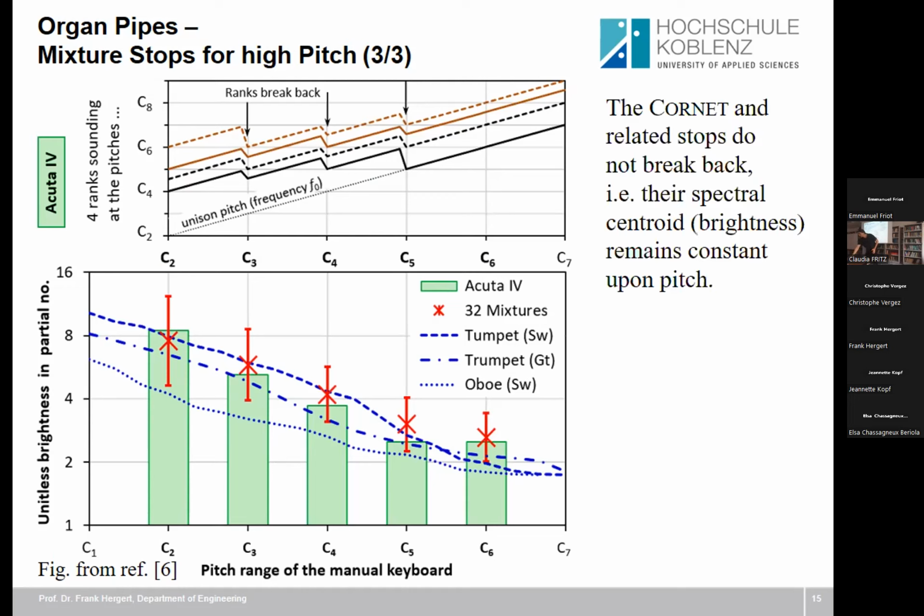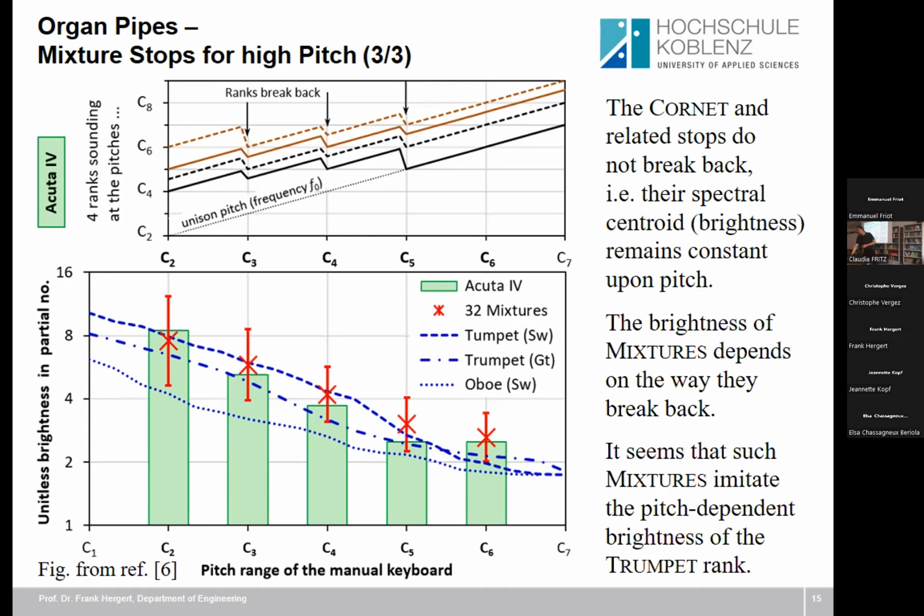And if I look at the cornet in comparison, the cornet does not break back. Start with your 4 or 5 pitches and you go up. That's it. But the mixtures usually break back, as shown in this example. And we can ask, what is the reason behind it?